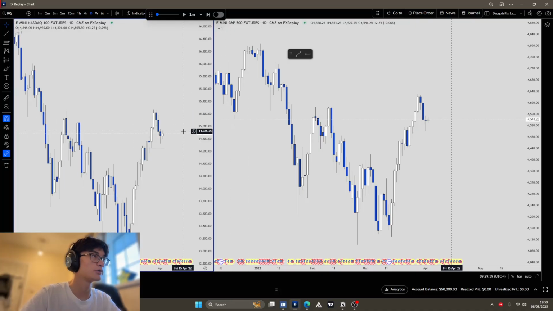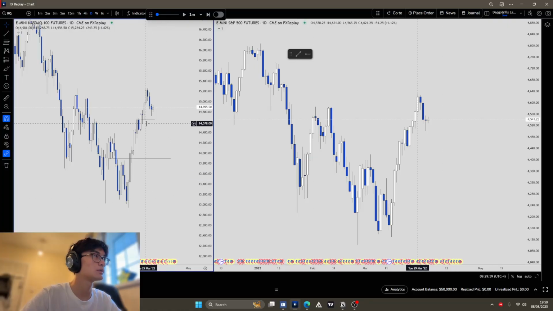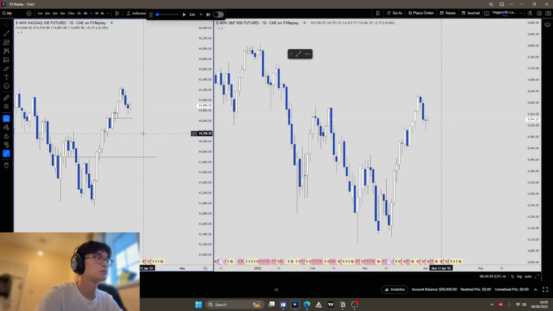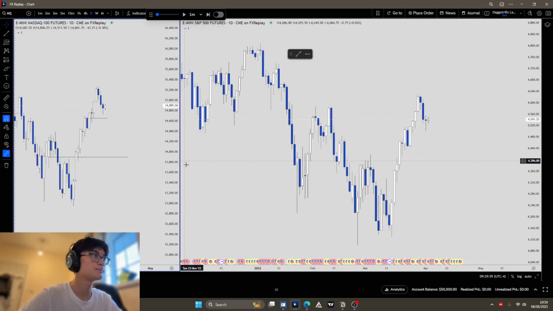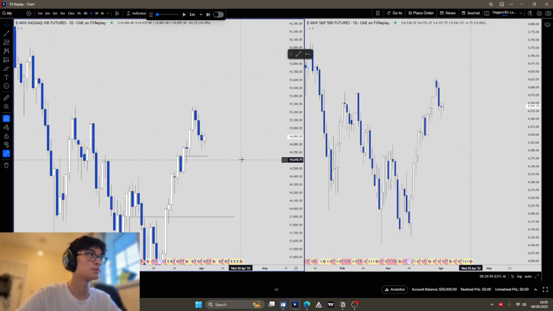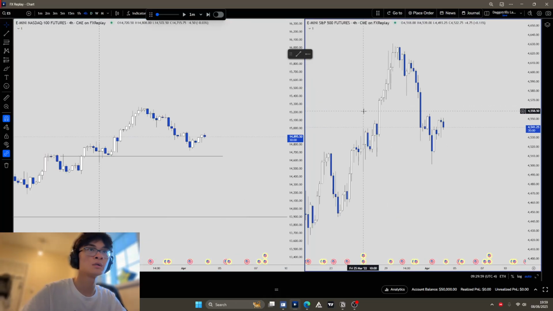PMI week, not really that much news. So daily range, no SMT yet. Not really expecting a complete reversal, but we'll have to see what the 4 hour gives us.